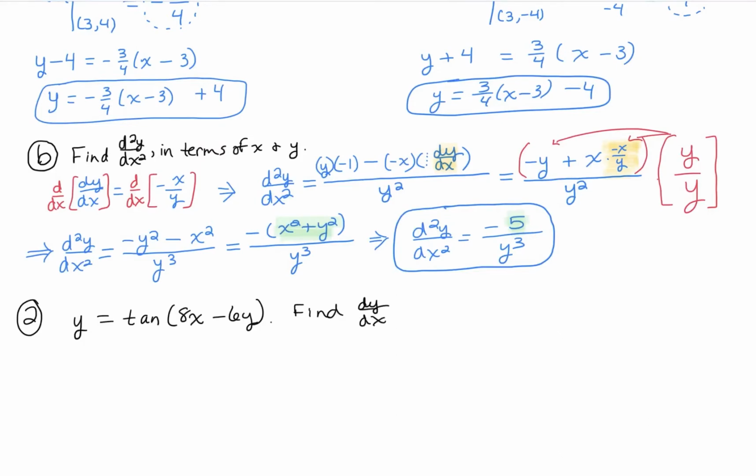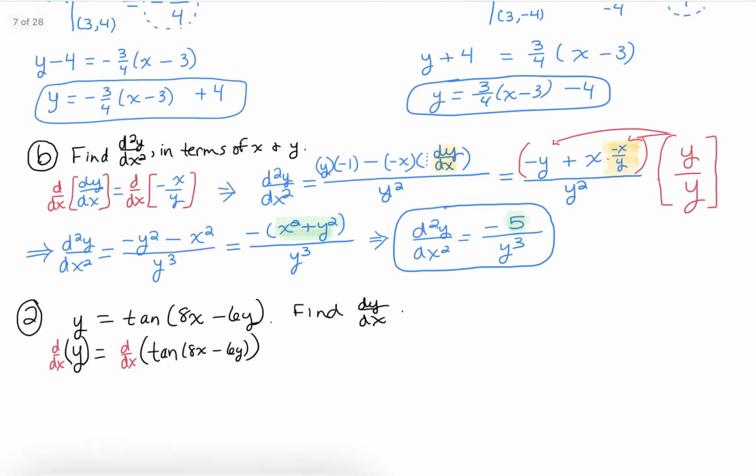This is another good example of a situation where there's no way I can solve this for y to get y explicitly as a function of x. No way. So we need our implicit differentiation process in order to find dy dx. We start by denoting what I'm about to do, which is to take the derivative of both sides with respect to x.